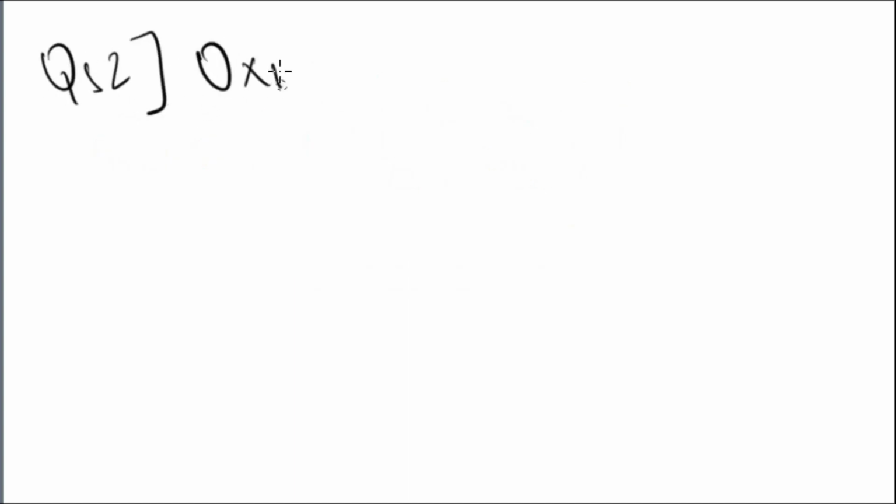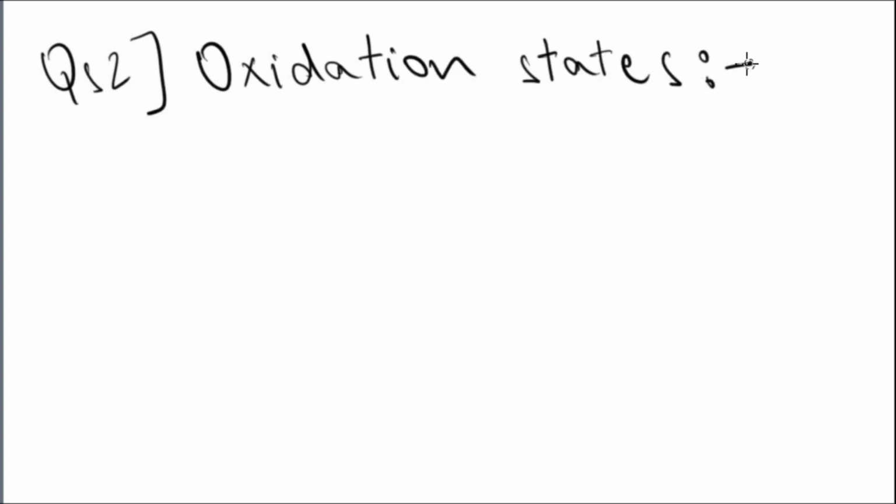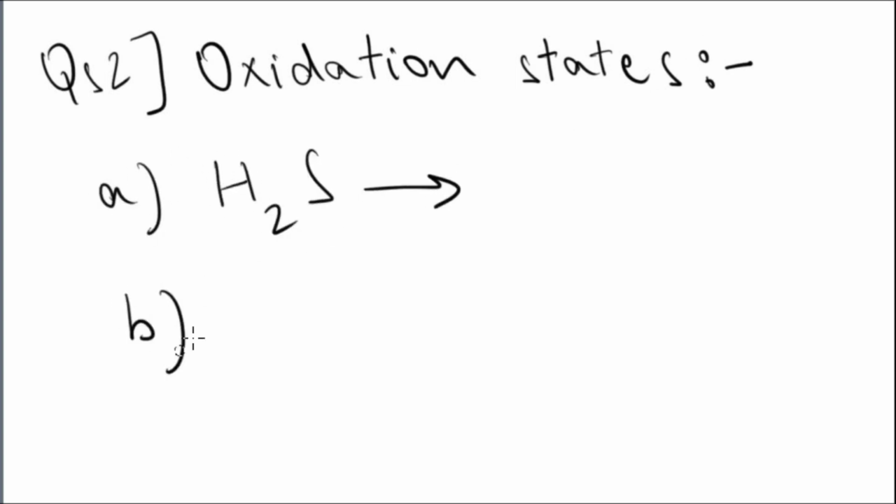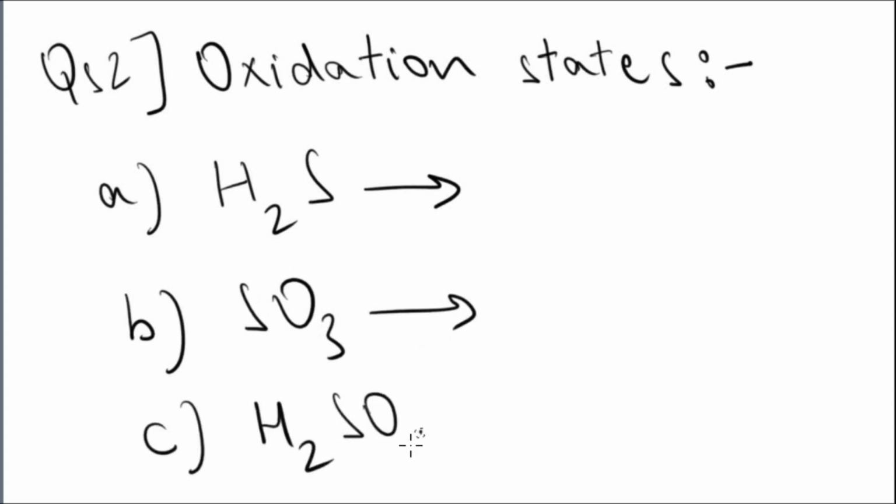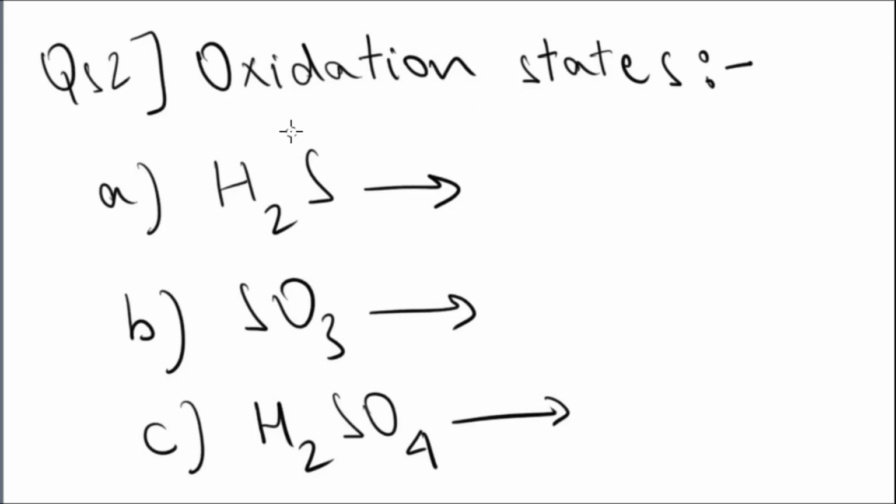Question number 2, write the oxidation number or state of the following compounds. Start with the ones that you know for definite before moving on to the ones that have variable oxidation states.